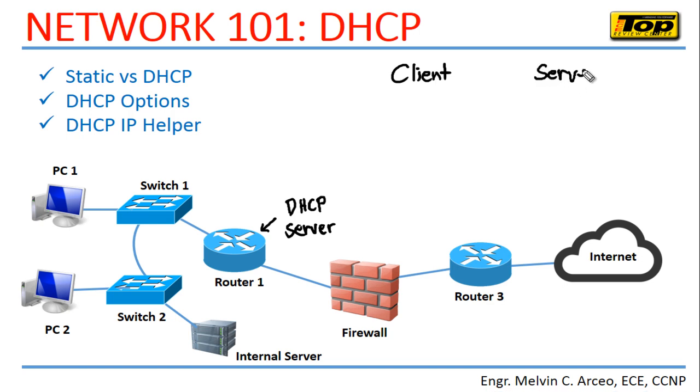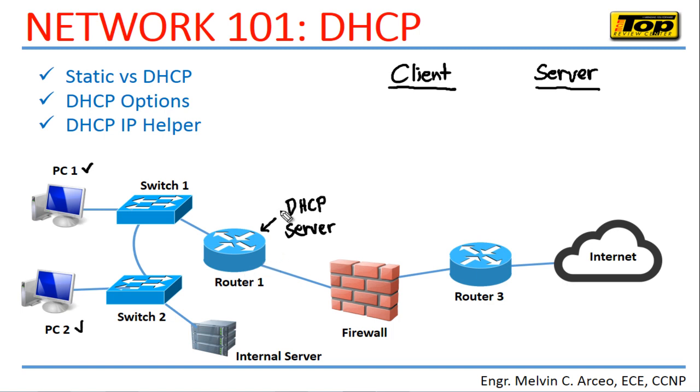The server is the one providing the IP addresses, and the client is the one that needs the IP address for its own use. Okay, so in this case, yung PC1 natin and PC2, they will be our clients. And yung server natin, that will be the router.